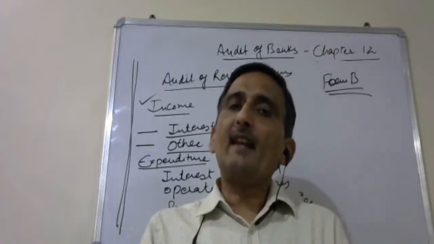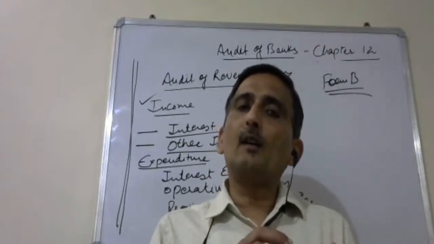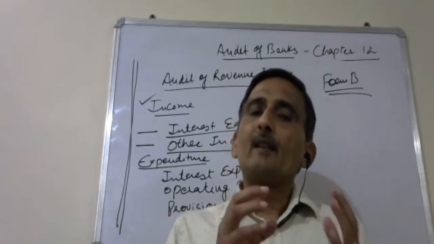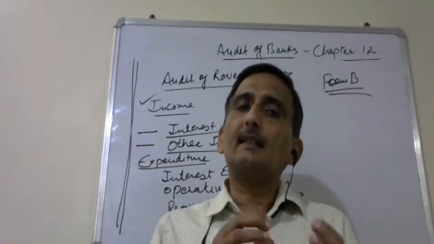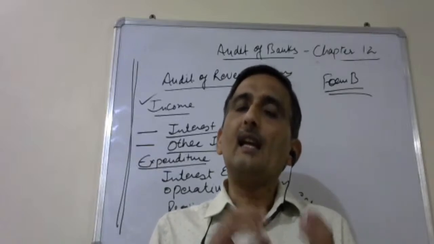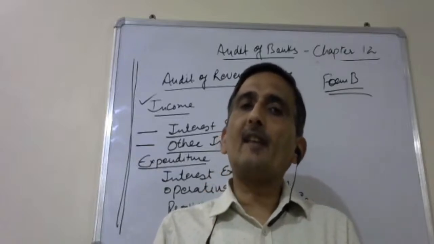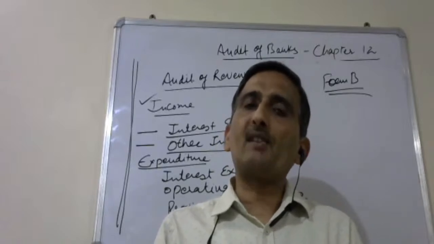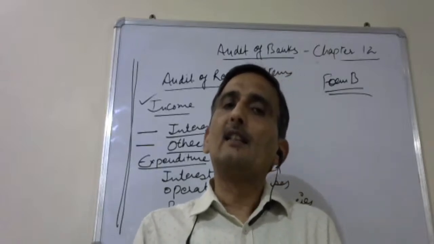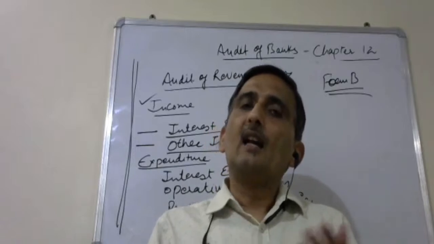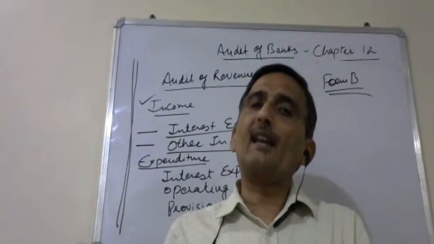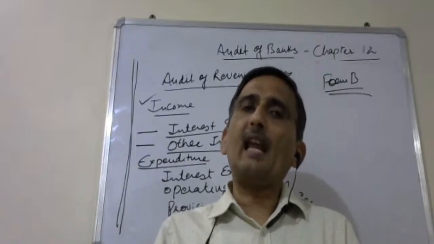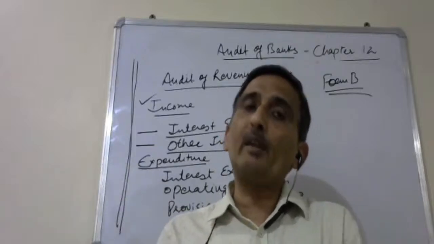But the auditor has to bear in mind that when bills are purchased or discounted, the bank is generally recovering the interest upfront. So the bills which are discounted near the year end might contain interest pertaining to the following year.